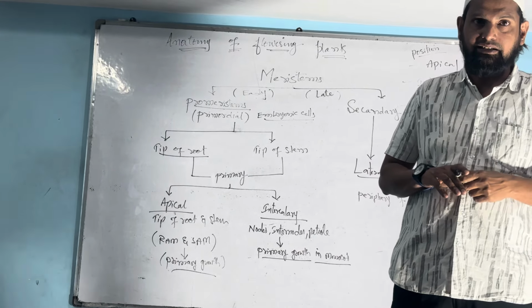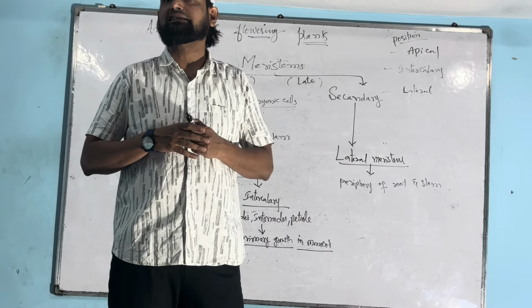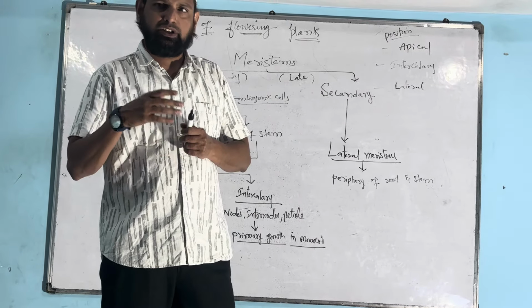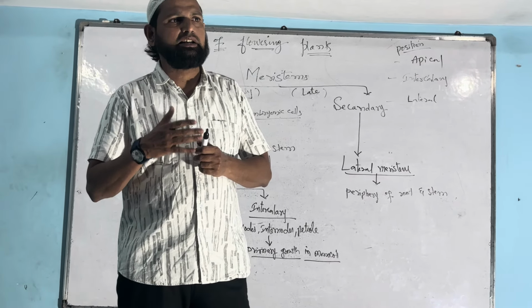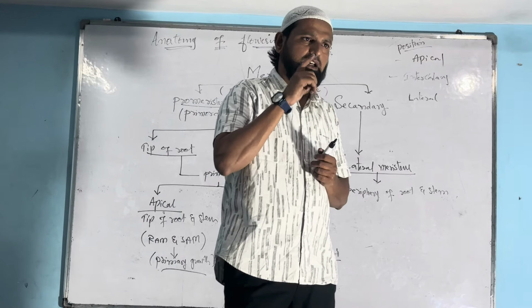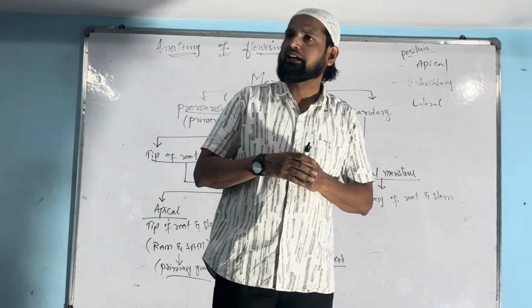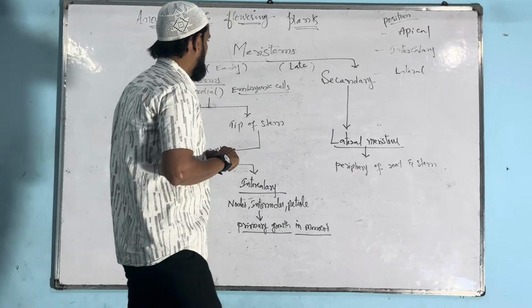Once again, listen here, anomalous secondary growth is nothing but abnormal secondary growth. So in monocots, if you are observing the secondary growth, like in the date palm or in the coconut, you should remember that is called abnormal secondary growth, and abnormal secondary growth is called anomalous.